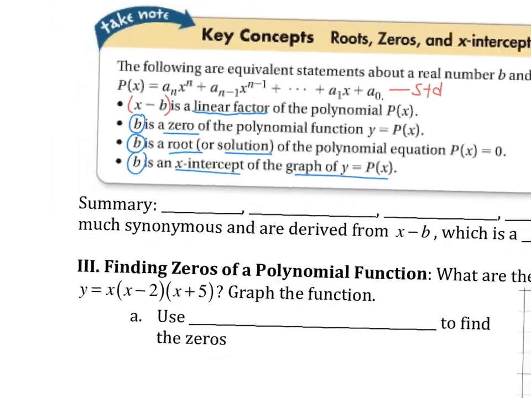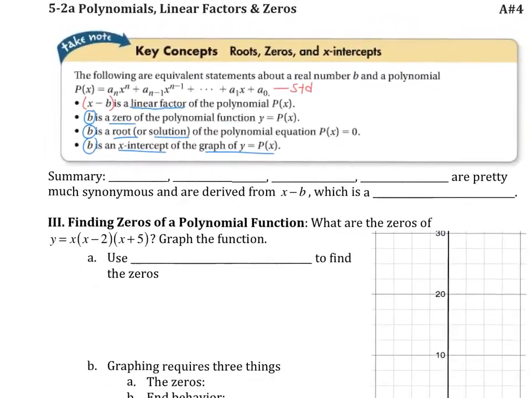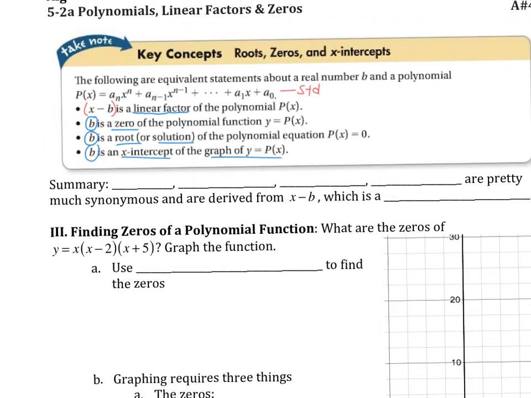So what is the essential part? What is it actually saying here? In short, zeros, roots, solutions, and x-intercepts, although not perfectly analogous to each other, they are pretty much synonymous.